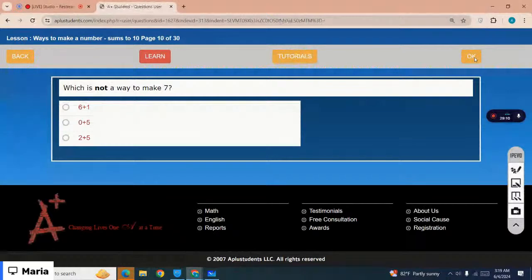Which is not a way to make 7? Which is the correct option?